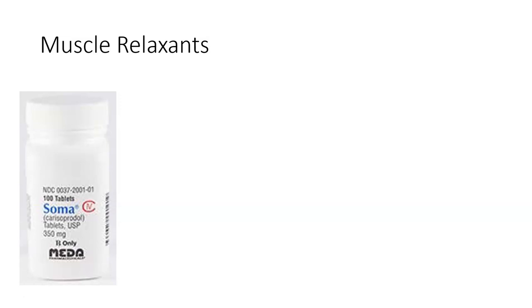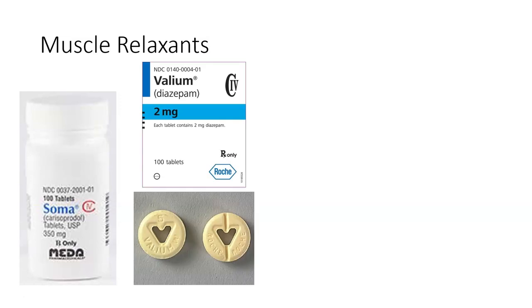Another really good muscle relaxant is actually a benzodiazepine. So diazepam, right? It ends in -pam for a benzodiazepine. This is Valium. I just put the picture of the brand name from Roche Laboratories. They actually cut the V out of the center. Now, generic's not going to have that.